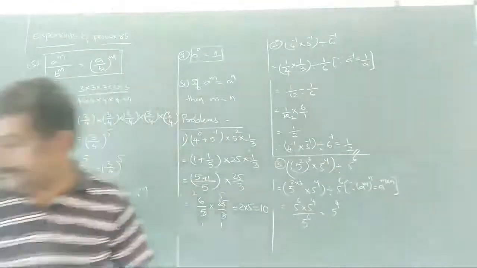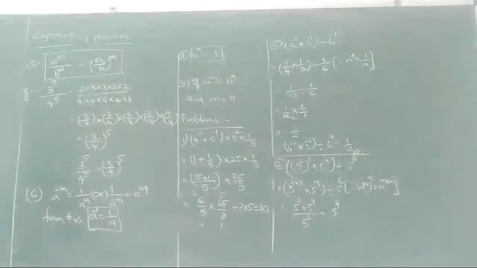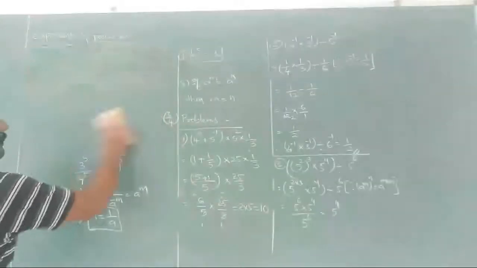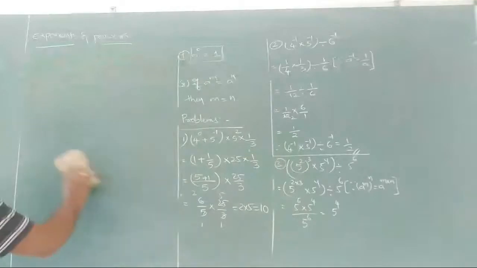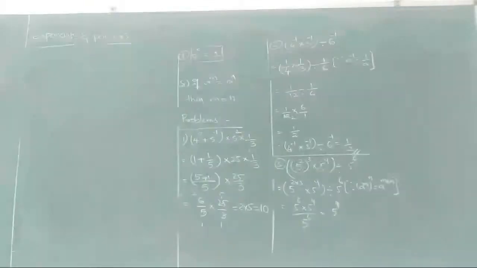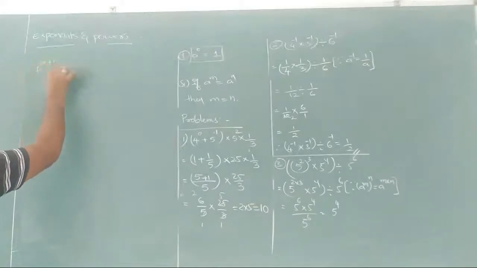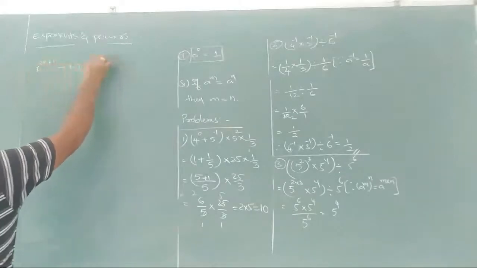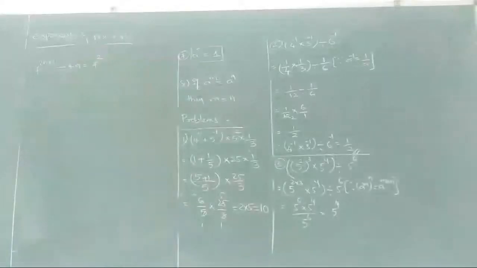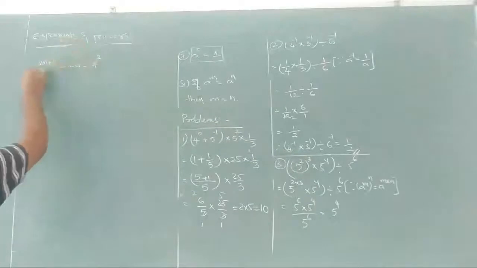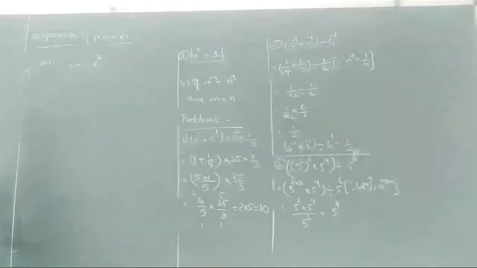One more I am going to take here. 7 to the power of 2n plus 1 divided by 49 is equal to 7 to the power of 3.